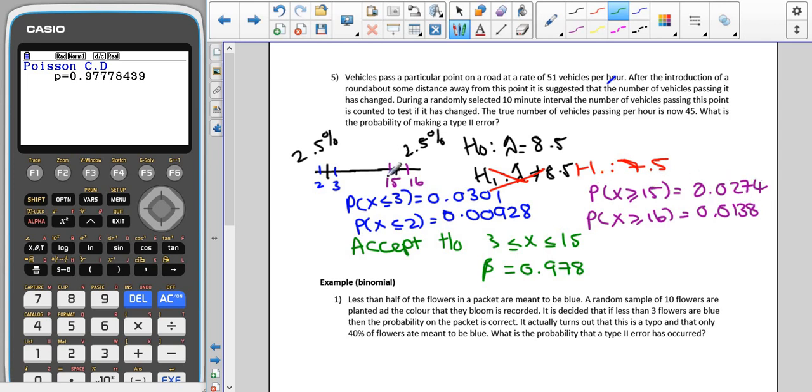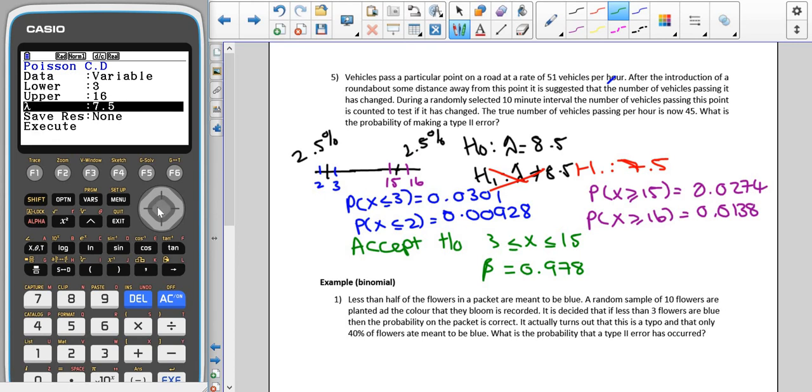So 15 is the last value in my accept H0 region, and 16 is the first value, my critical value at this top end, the first value in my critical region at the top, my reject H0 region. So then we can see that we're accepting H0 between 3 and 15. So we put 3 in our lower, and that should be 15 in our upper.